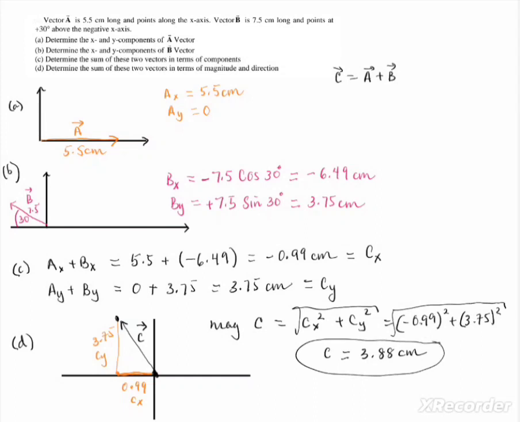So this is the magnitude, and we also have to find the direction. When they say direction, they mean an angle. So the easiest thing is to find the angle here. So tan theta is Cy divided by Cx, and theta equals tan inverse of this value here.